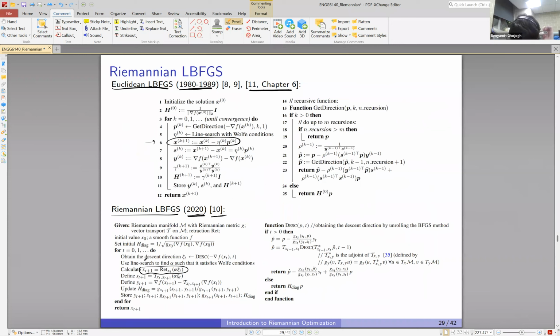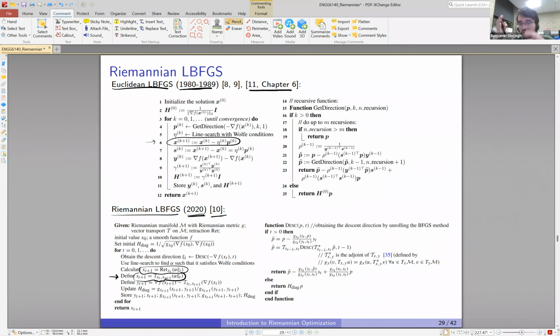Also, as we go from one point to another point, the space of the tangent vector is changing. So, like here, we need a vector transport from x_t to x_{t+1}, from the x in this iteration to the x in the next iteration.